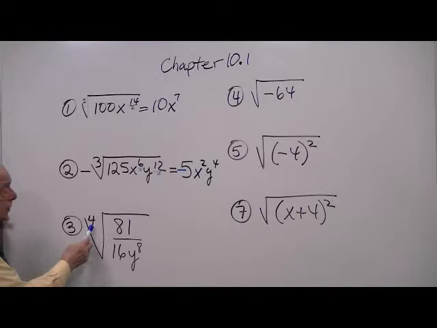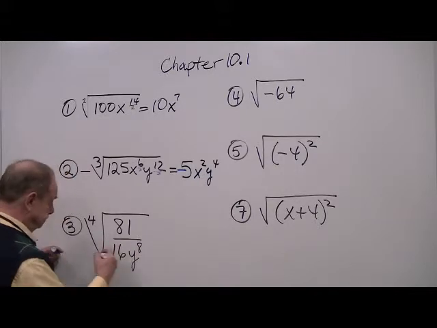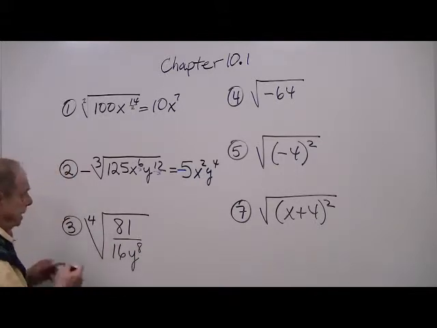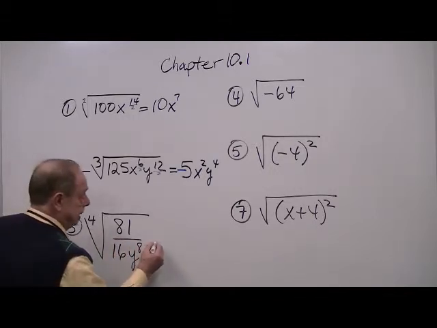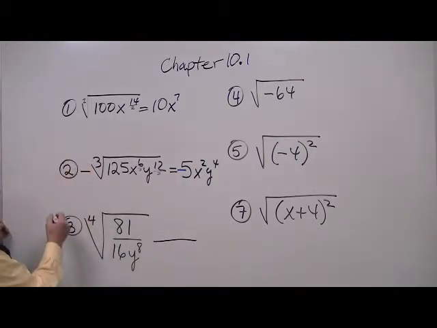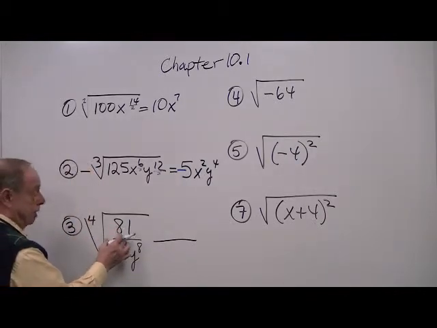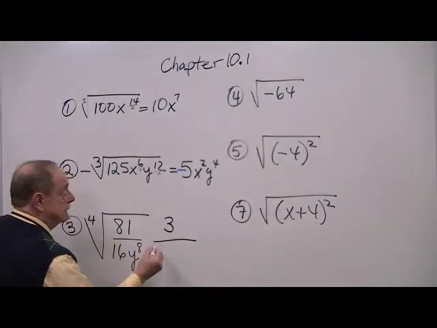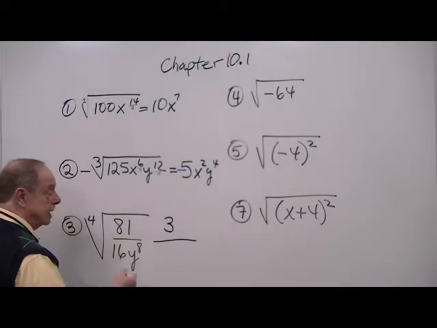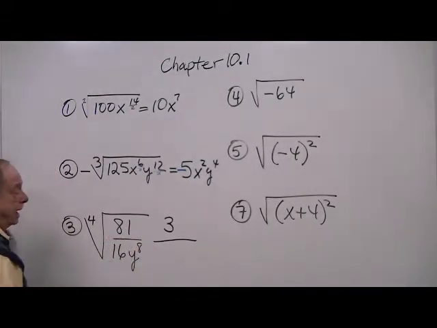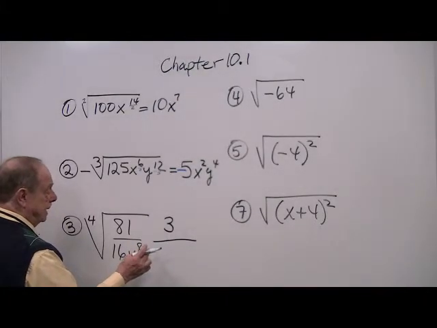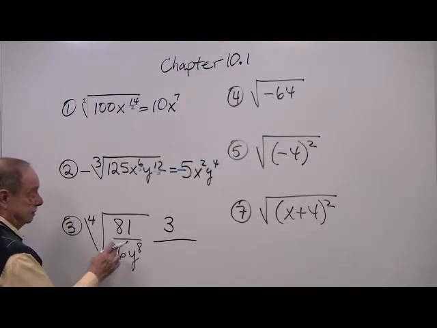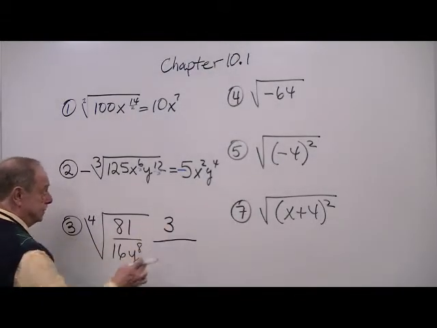Now, as we look at the 4th power, we can think of our results as a fraction. 81 happens to be a perfect fourth, and you may not know that, but if you multiply 3 times 3 times 3 times 3, you get 81. And that's a perfect fourth. So the fourth root of 81 is 3.